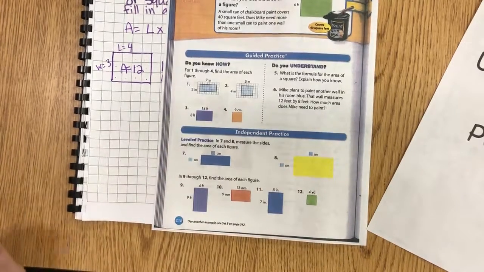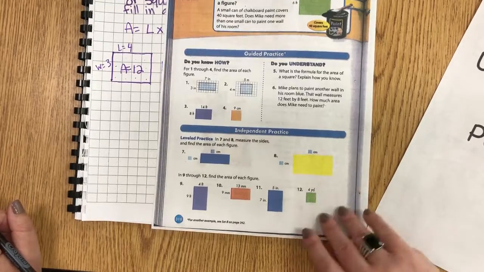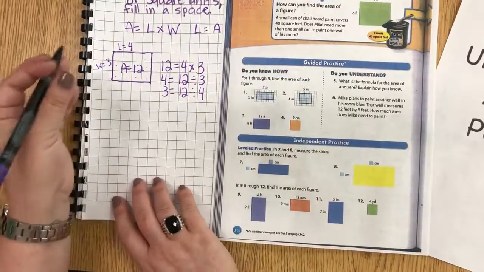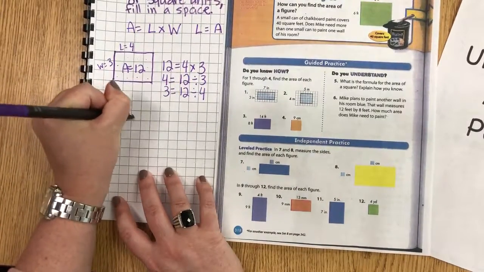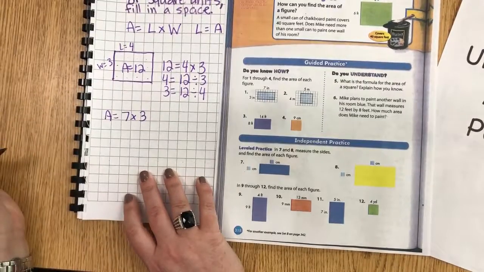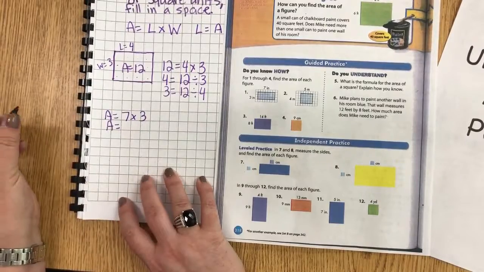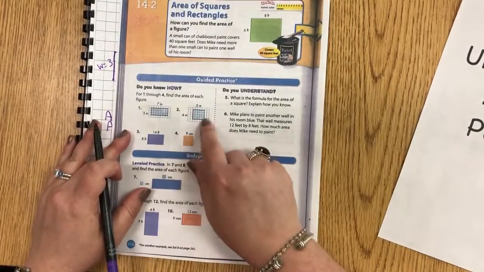Find out the area of this space. What would I do to find that out? 7 times 3. So if I have area equals 7 times 3, then area equals what? 21.